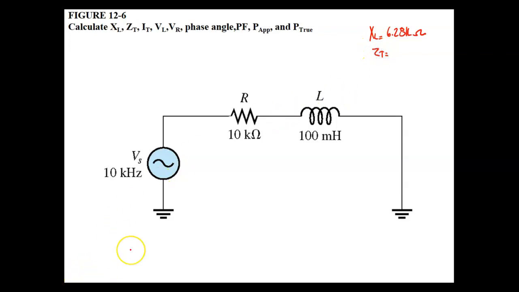I'm calling it ZT, but that's just me getting from DC calling. It's pretty obvious, it's 10 kilohms. It's got to be larger than the larger one, so it'd have to be greater than 10 kilohms. What'd you get? 11.8.